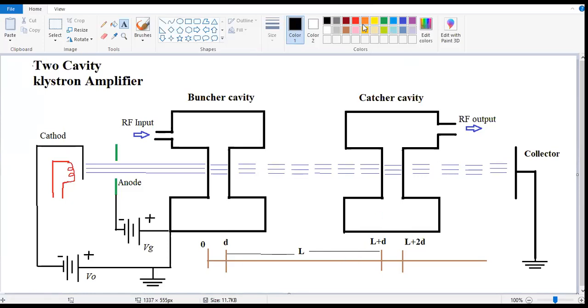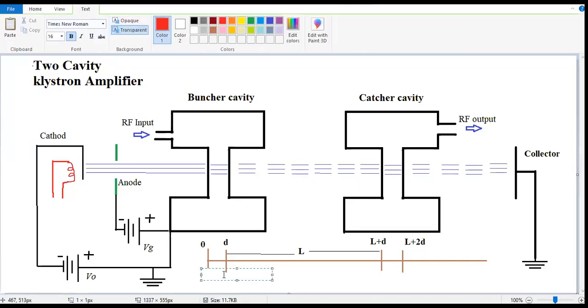And now I'll go for the time scale. The same thing, how it will go for the time scale. I will call this time t0.